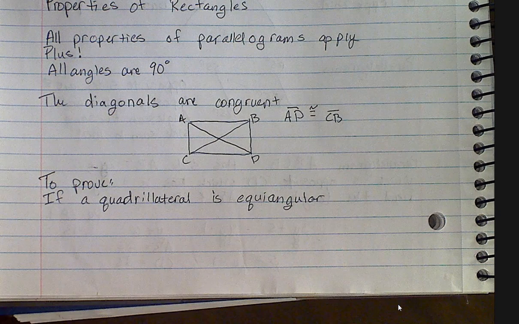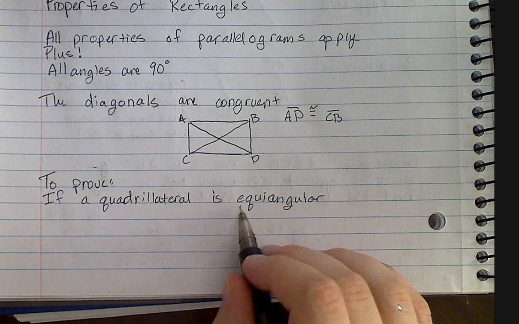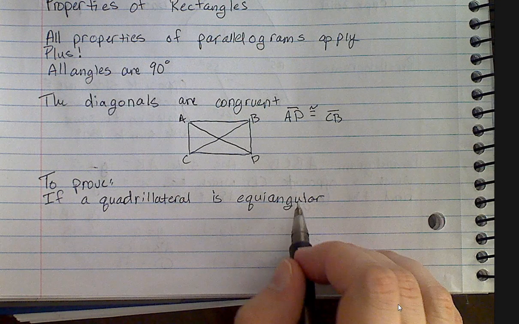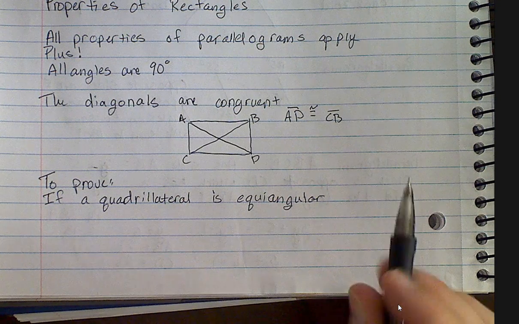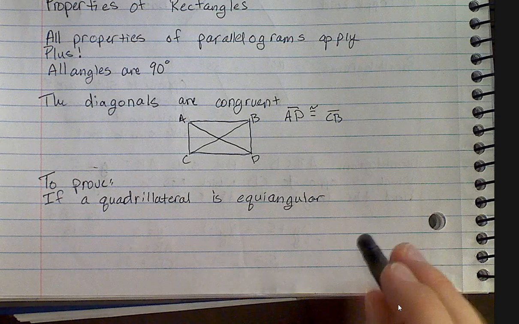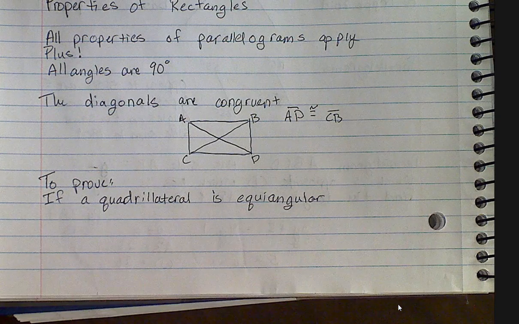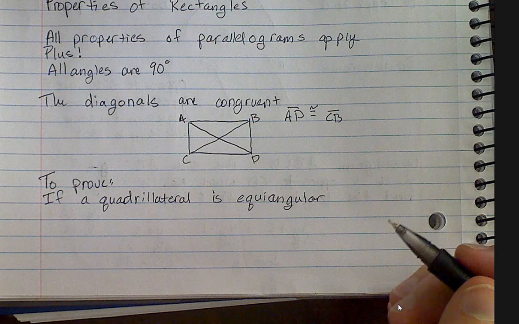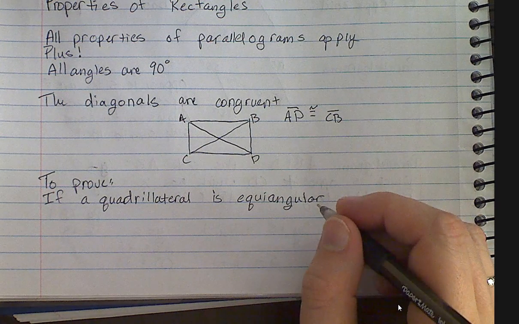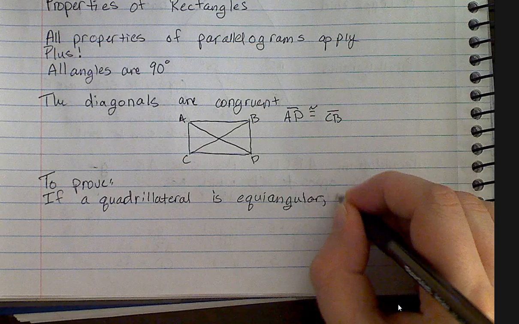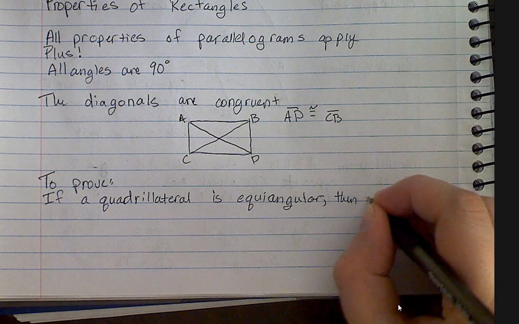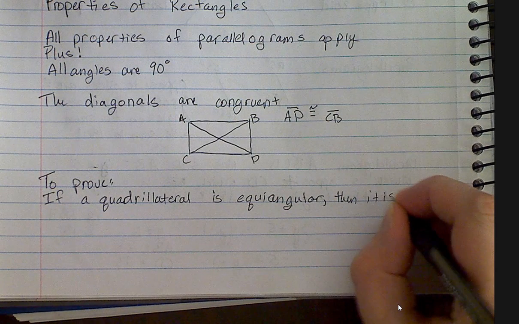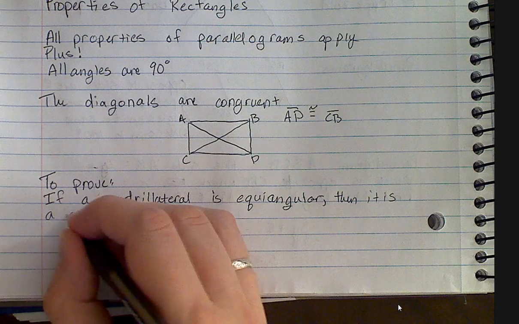Abel, just using context clues and the way the word is set up, what do you think equiangular means? Like the angles are equal. Yeah, exactly. Equal angles. Alright, so if a quadrilateral is equiangular, then it is a rectangle.